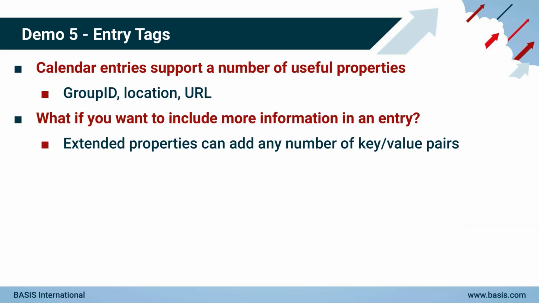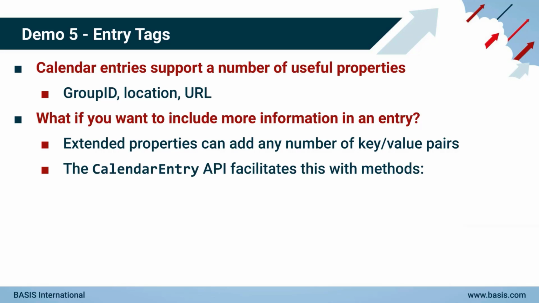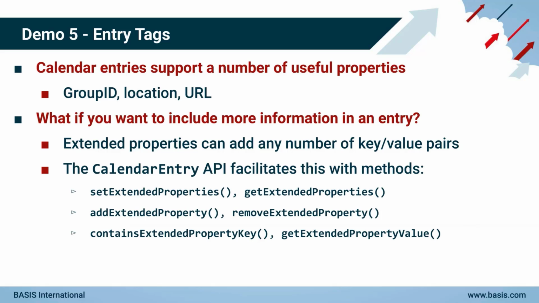And the Calendar Entry API has several methods to facilitate this process, making it easy to set, get, add, and remove extended properties. There are even methods that let us query whether an appointment contains a specified property key or value, so developers can add as much information to an entry as needed.